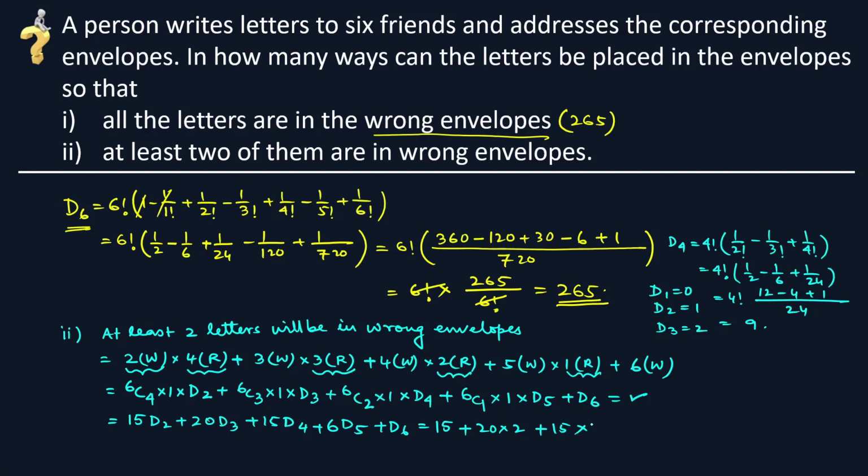So 15 into 9 plus 6 into D5. What is D5? So we are having factorial 5.